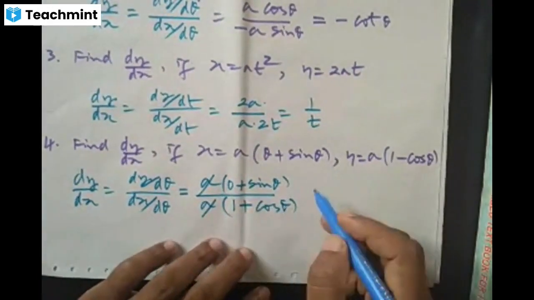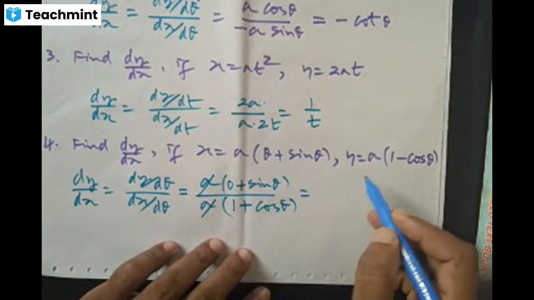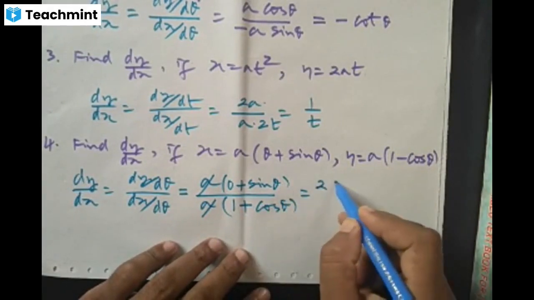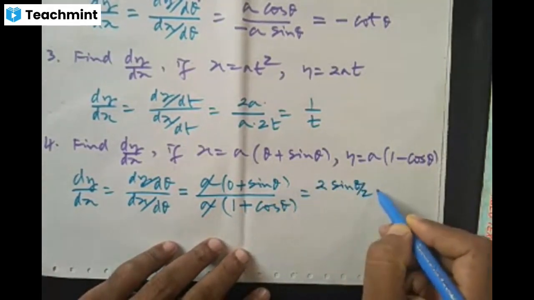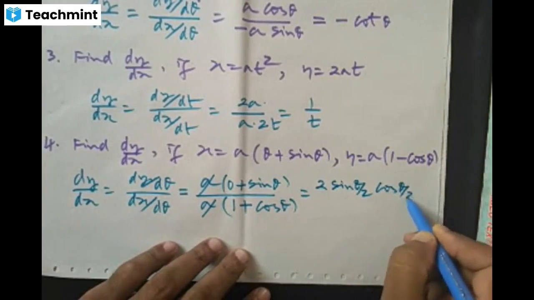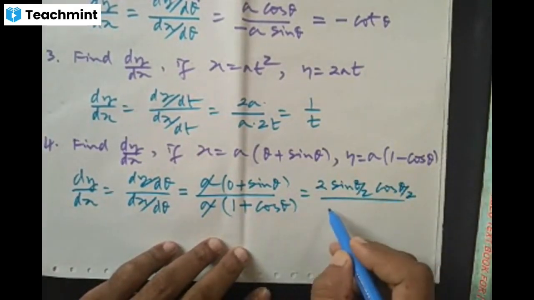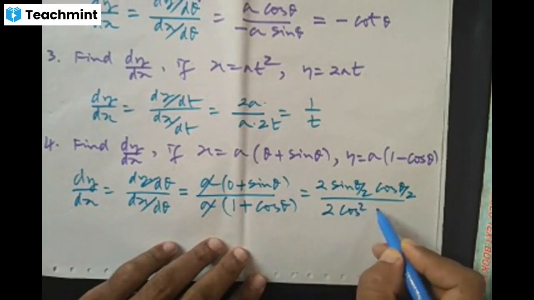Further, we can simplify this by using half angle formula. Using half angle formula, sin theta can be written as 2 sin theta by 2 into cos theta by 2. Similarly, 1 plus cos theta can be written as 2 cos square theta by 2.